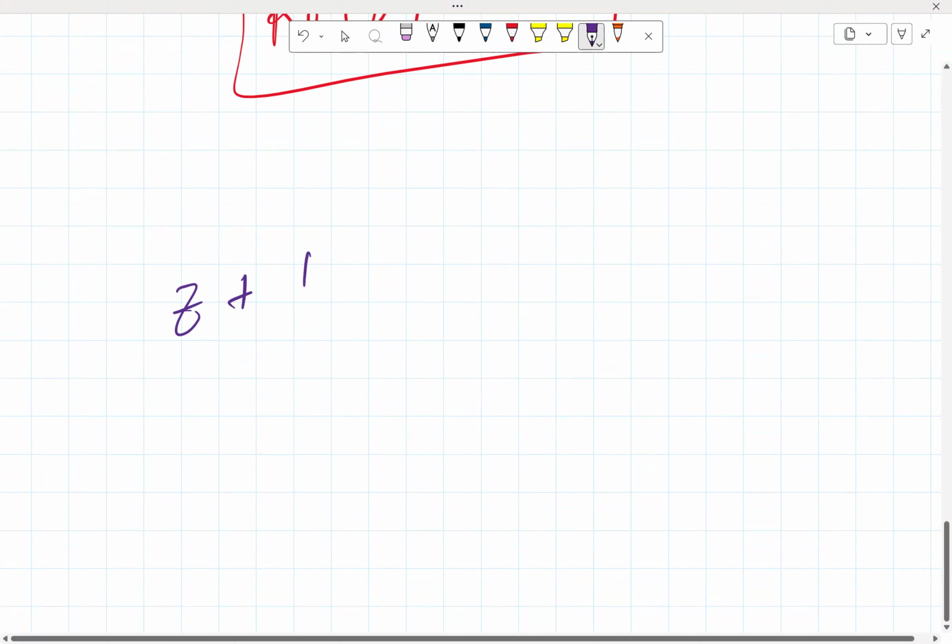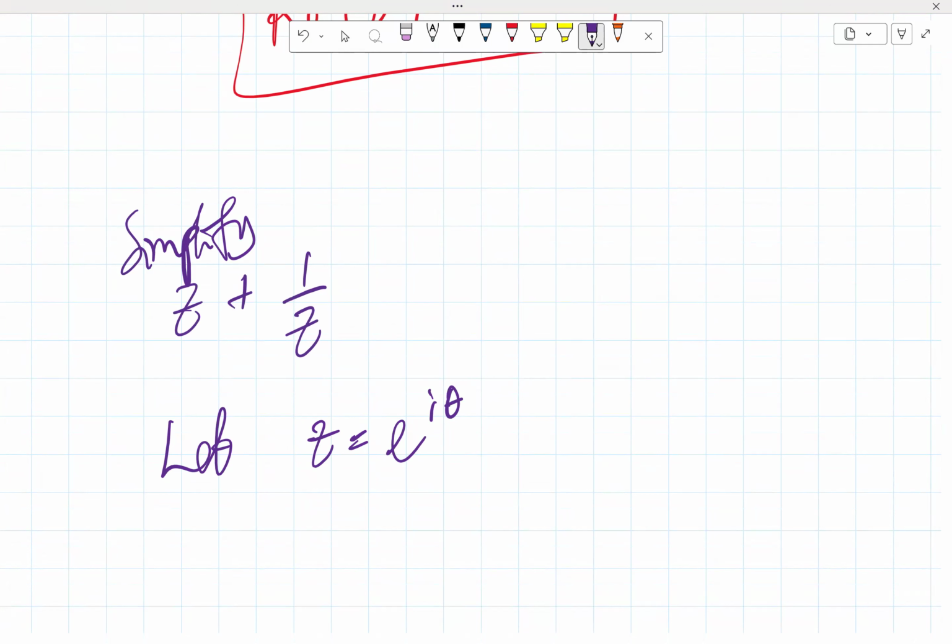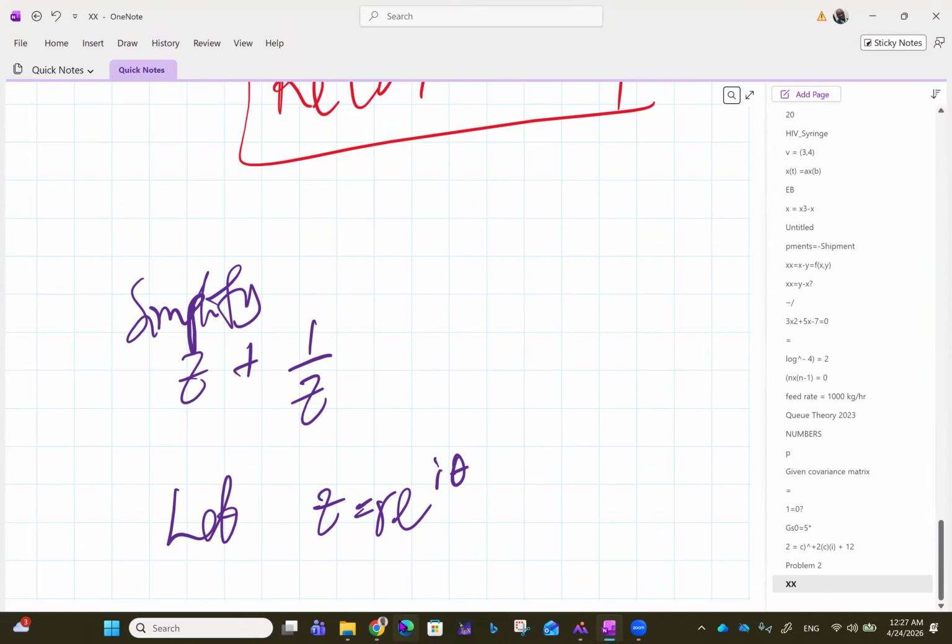So you have z, and 1 over z, and we want to simplify this. So you can let z be r e raised to i theta. Yeah, z should be r e raised to i theta.